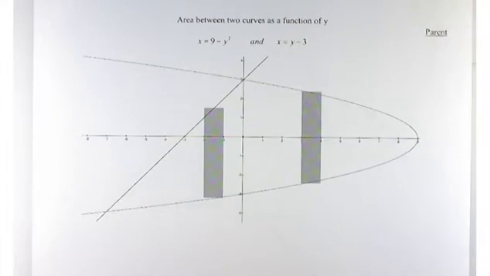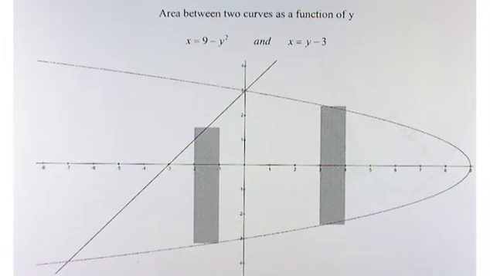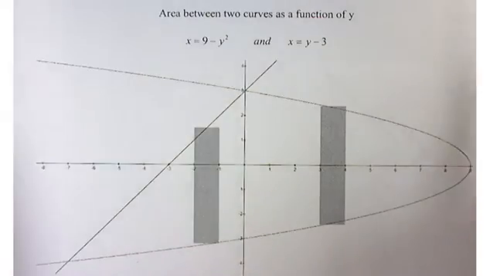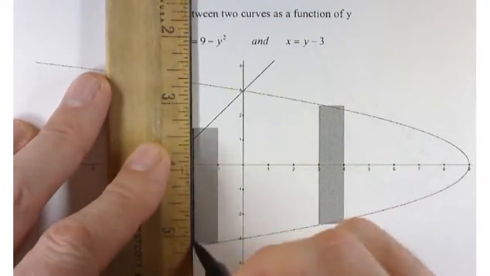We're going to find the area between these two curves. X equals 9 minus y squared and x equals y minus 3. So there's a little bit of a difference here. Suppose that we're trying to find this area and you think of taking some slices. Say here, take a slice.